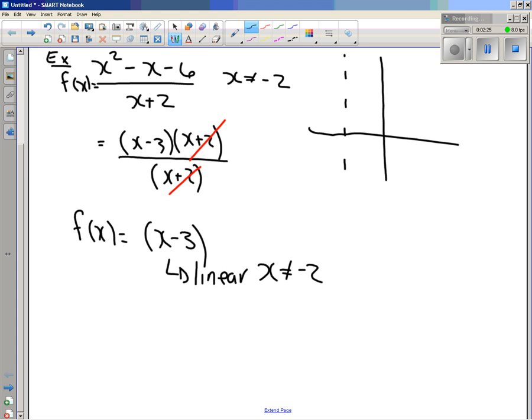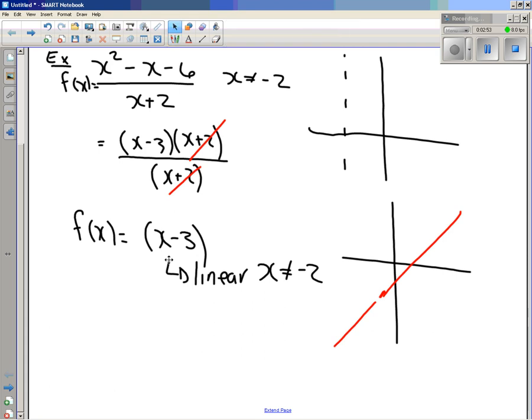So if we want to graph this linear function, well, it's a straight line, y-intercept -3. It's going to go like that, but we have to have something happen at -2. Because for all other cases, it's going to be a straight line. So what you would do in this case is plug in -2, because for x minus 3, it would work, right?